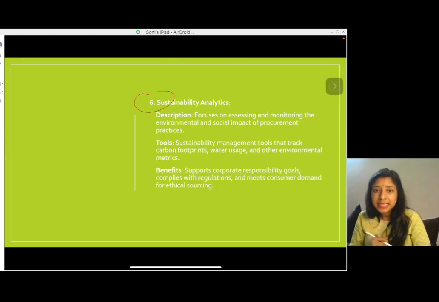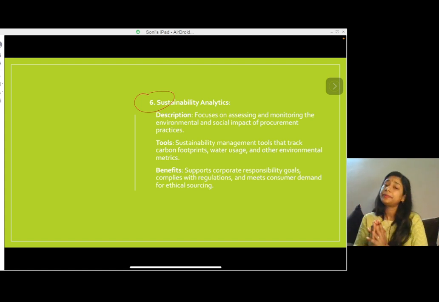Next is sustainability analytics, and this is also very important. Sustainability analytics means data is used to analyze whether your organization is following the sustainability protocols, and that the organization is not involved in any activity that is barred or not good for the environment or society.